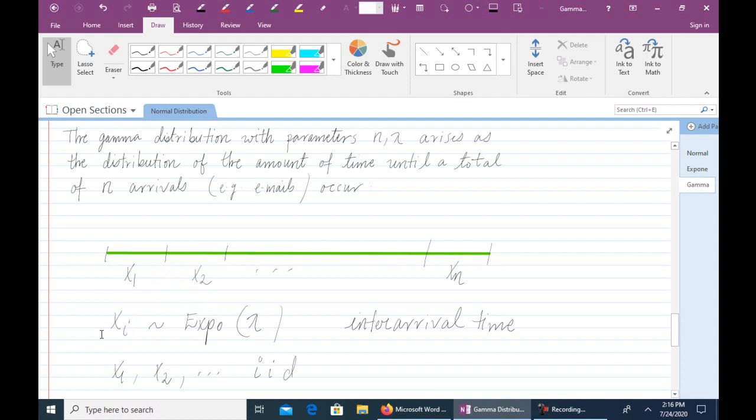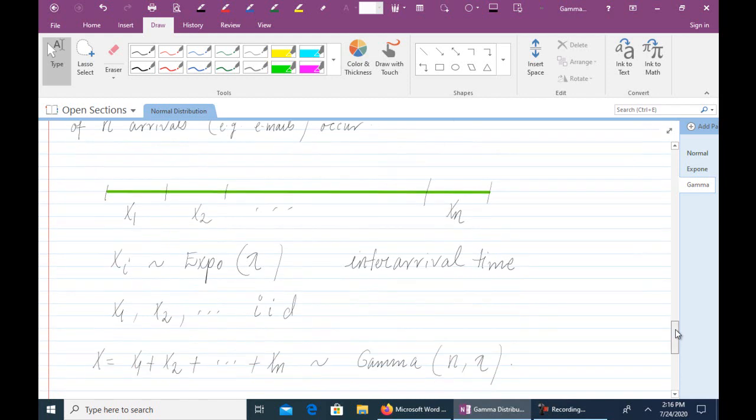Let's assume that each of these variables has exponential distribution with parameter lambda, and they are all independent. So they are IID with exponential distribution.